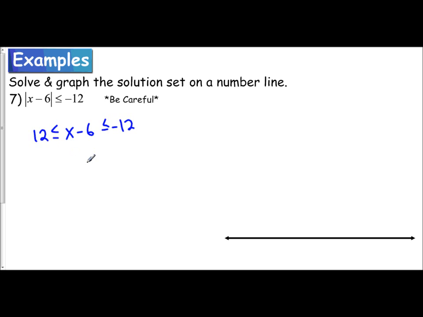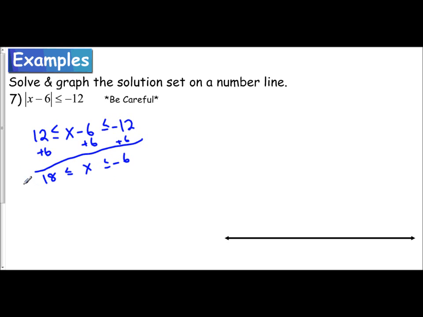So let's see what happens when we do this. I would add 6 to both sides, and I would get 18 on the outside. Adding 6 in the middle cancels out, and adding 6 on the outside, I get negative 6. And so students think to themselves, well, that was easy. So now we have our compound inequality.